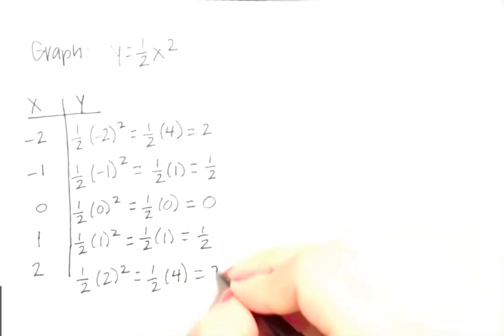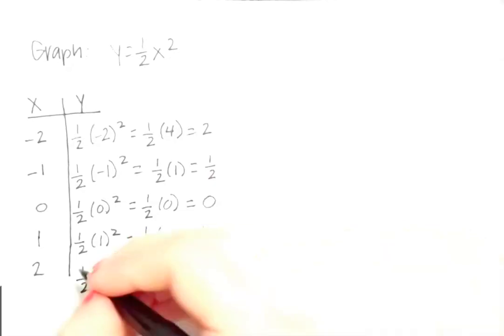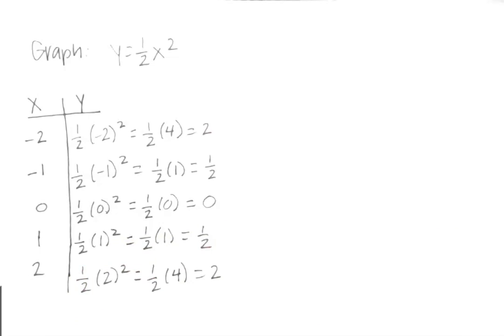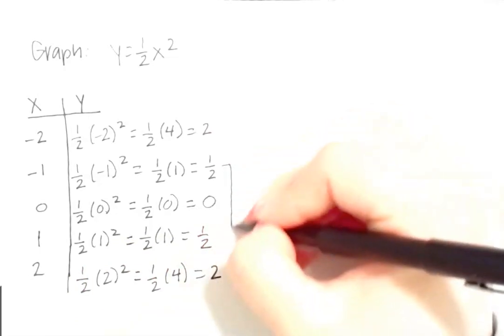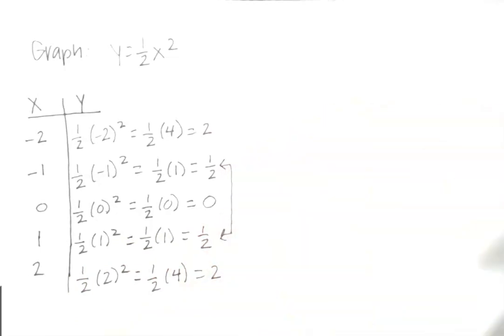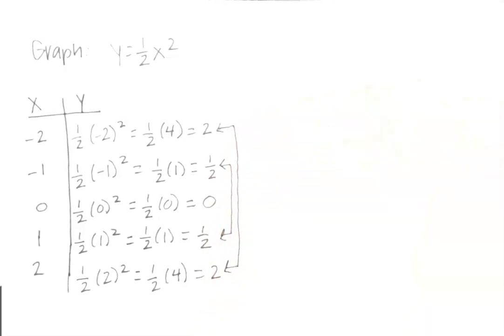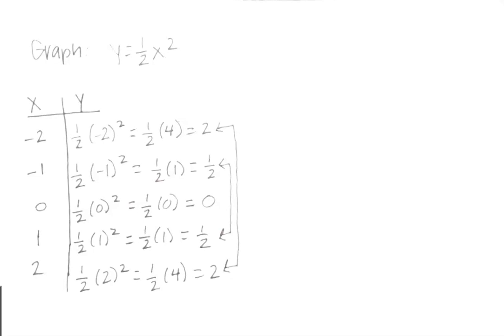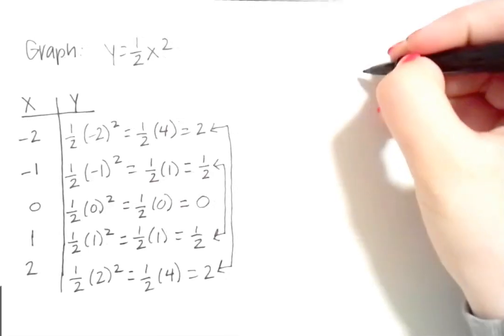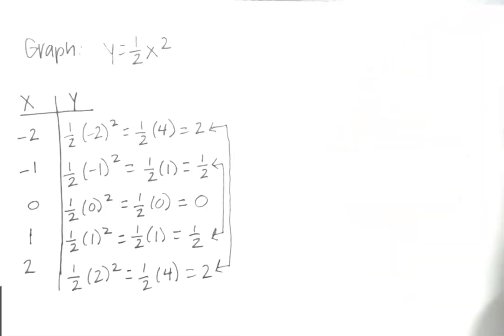Half of 4 is 2. Now again, let's check and see if we have symmetry. Those match, half and a half. 2 and 2, yep, we are pretty symmetrical. Okay, now we can graph our parabola.